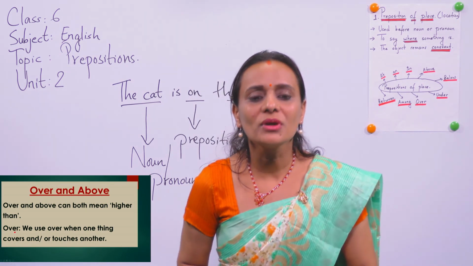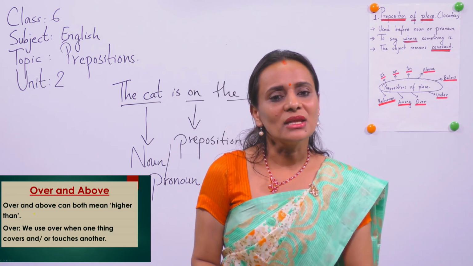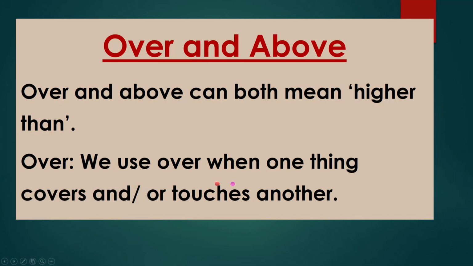Where is over used? Now look here, we can use over when one thing covers or touches another, or when one thing is directly over another, okay? When one thing is directly over another or covers or touches another, we use over.